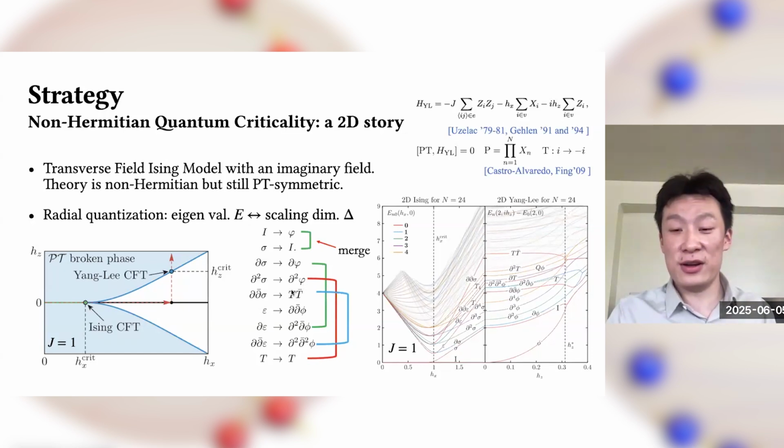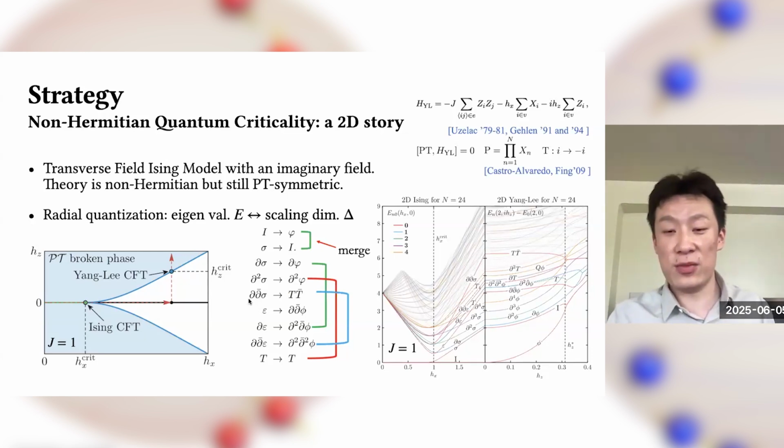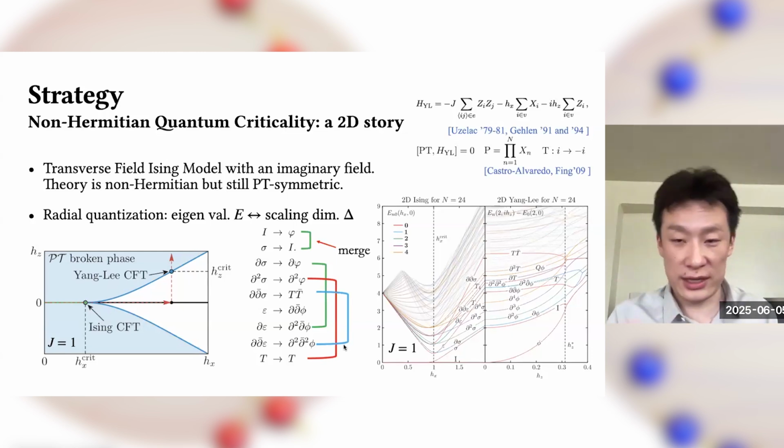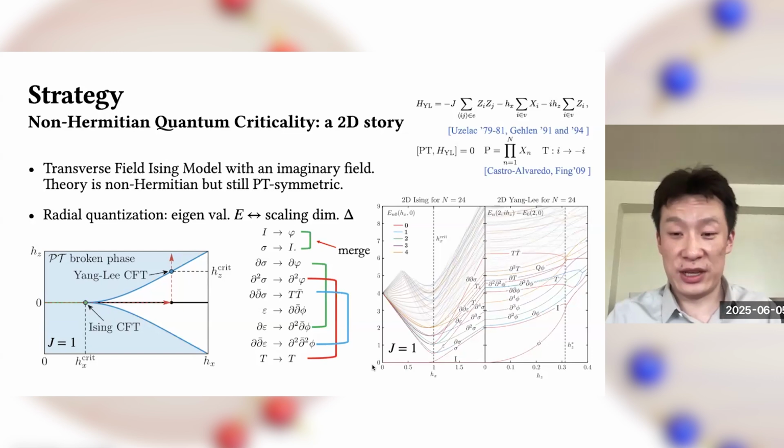And we'll have the T T bar that flows from the Ising's box sigma operator, D D bar sigma, and they merge to box square phi at the merging point. This piece of information is going to help us identify which operators we see in 3 dimensions.